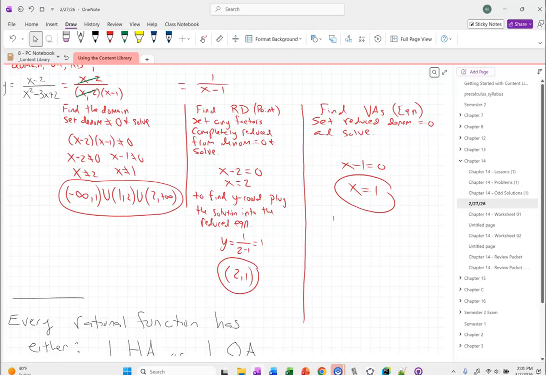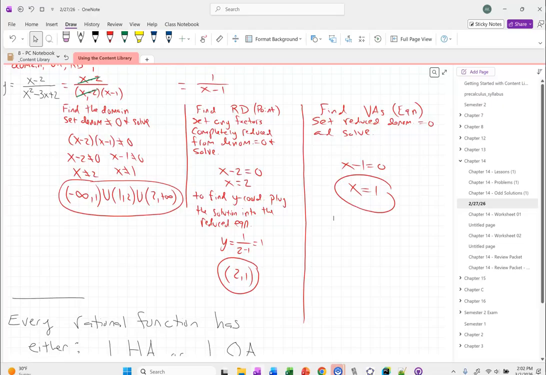Does everybody feel okay on this? You see why I group these 3 skills together? Because once I factor and reduce, I'm going to get all the answers I need. The thing to remember is that you have to find the domain before you reduce. But that's all. Everybody feel okay?